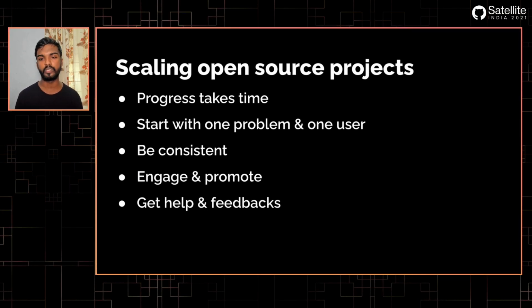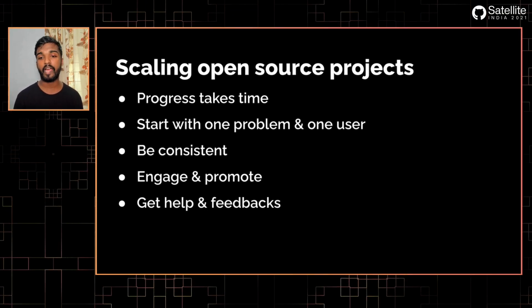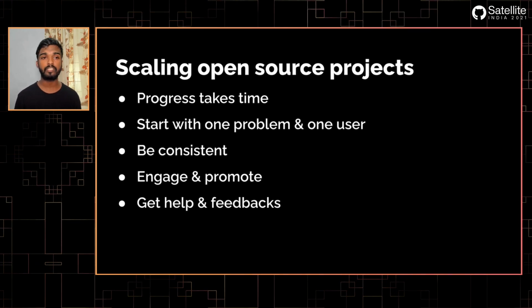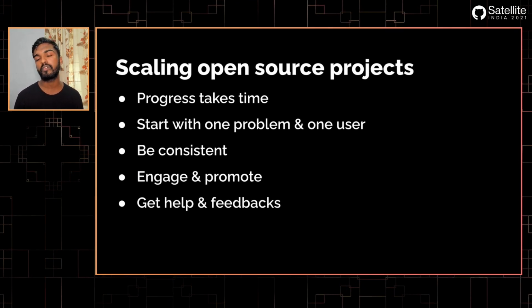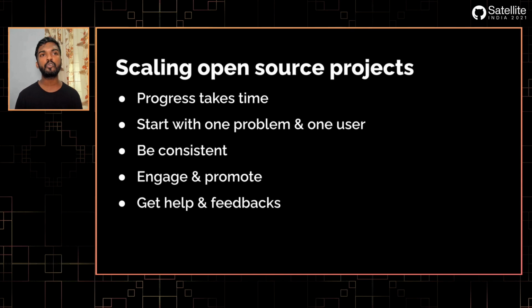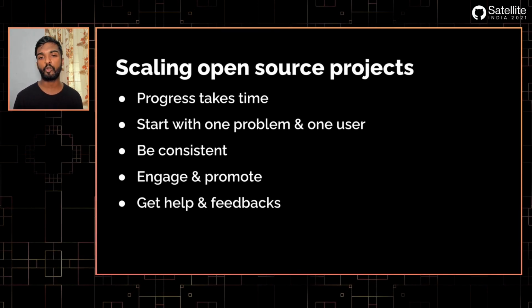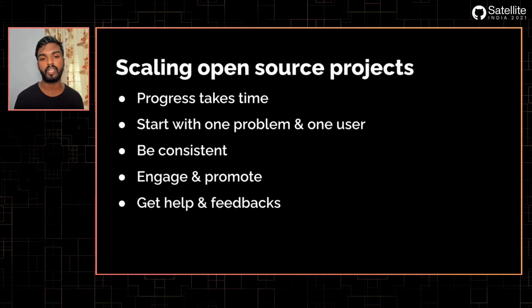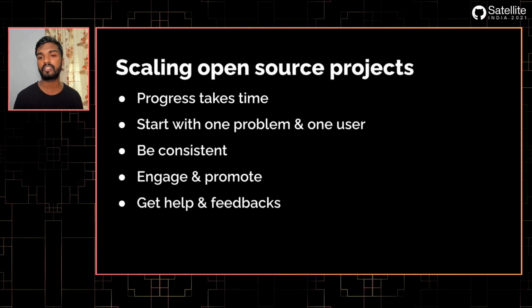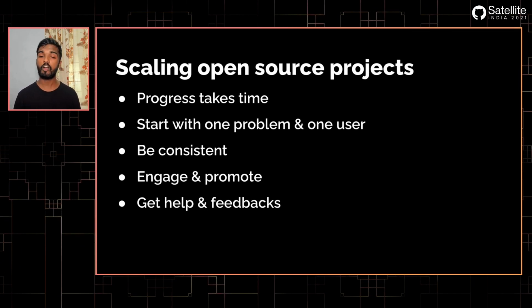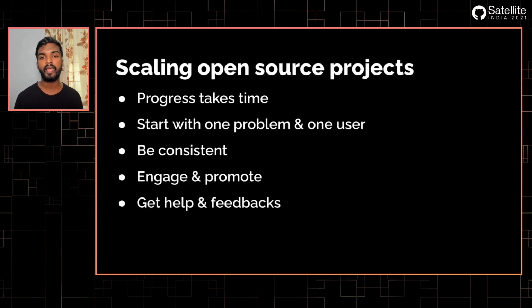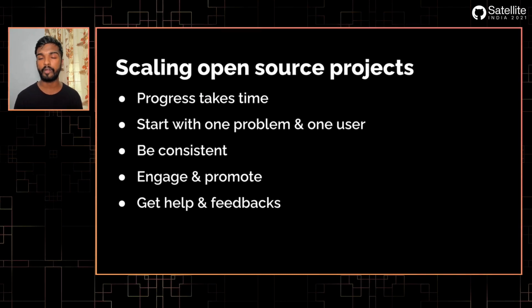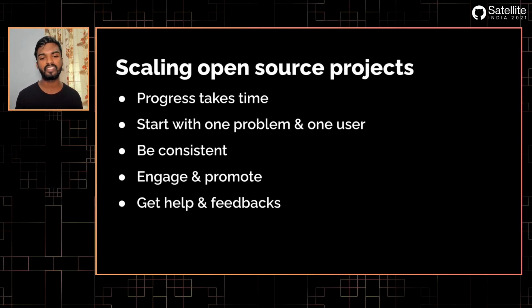And I made that solution. At first I was the only user. But as soon as I started sharing it with more of my friends, I realized the app required more essential features and a lot of refactoring. So always start with one problem, solve it for one user, and scale upwards.